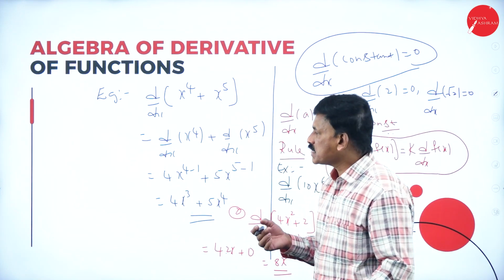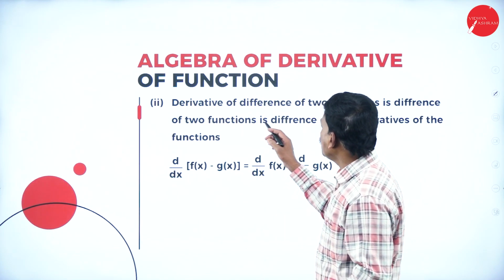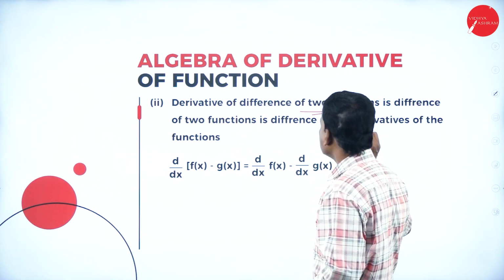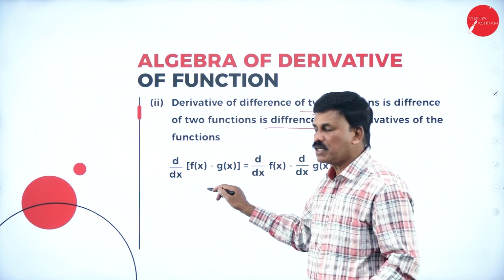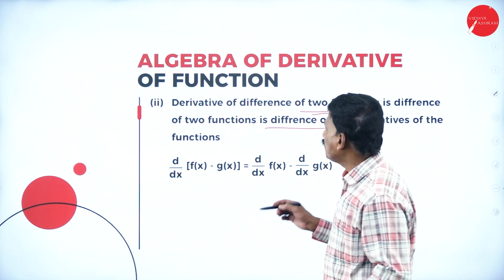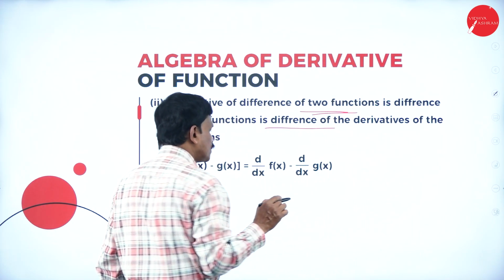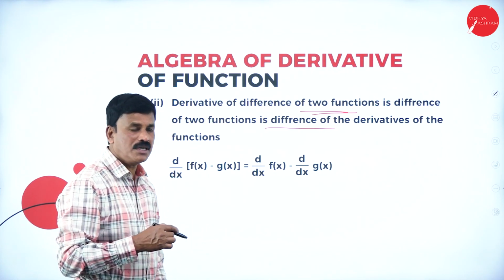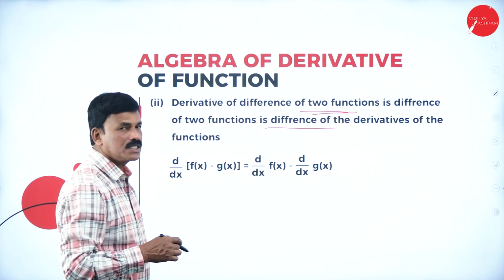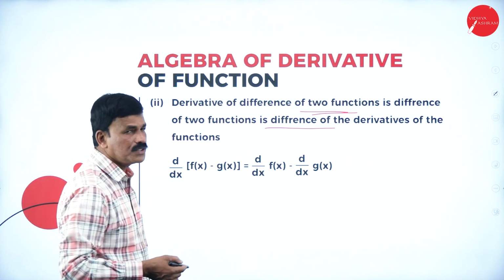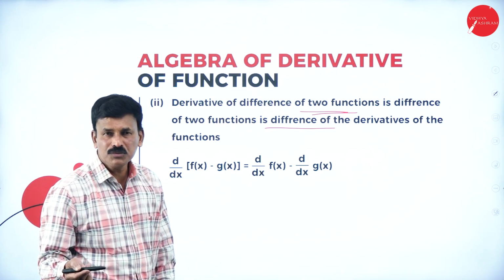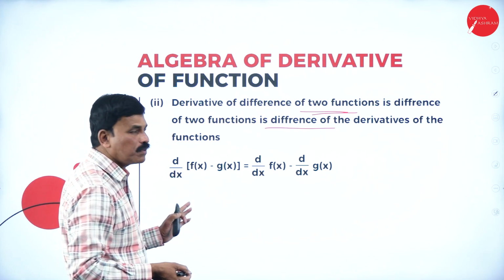Now, let us move on to the next rule. What is this rule? The derivative of the sum or difference of two functions is nothing but the term by term derivative of the functions. That is, the differentiation of the difference of two functions is denoted as d by dx of f of x minus g of x, which is equal to d by dx of f of x minus d by dx of g of x. That is term by term differentiation. So, if it is plus, just put plus.